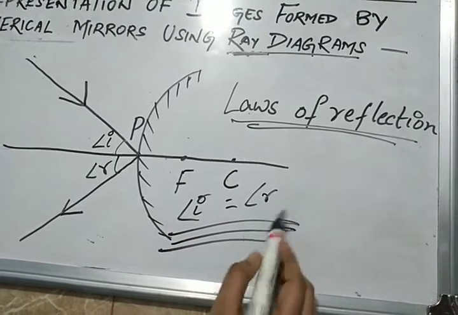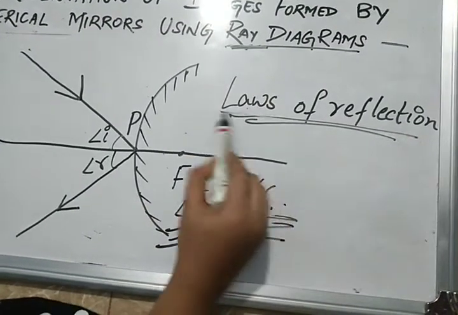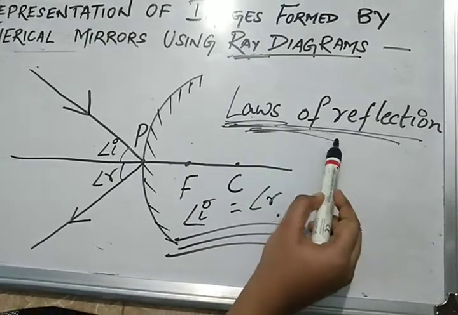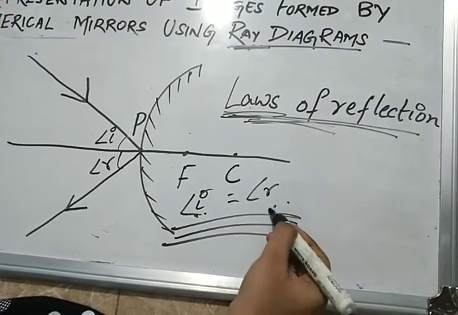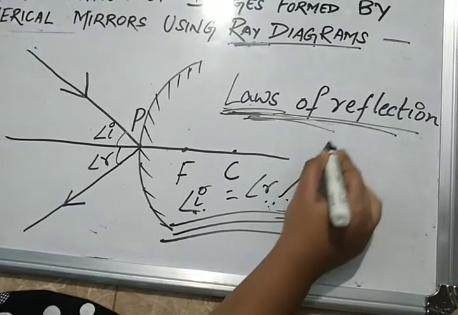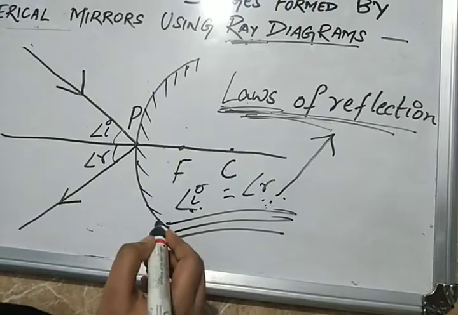In all the cases it is applicable. If the laws of reflection are followed, even angle of incidence is equal to angle of reflection. Even this is a part of the law of reflection.